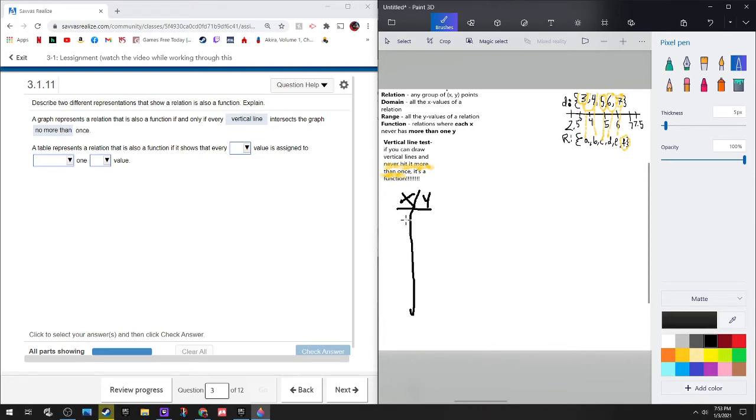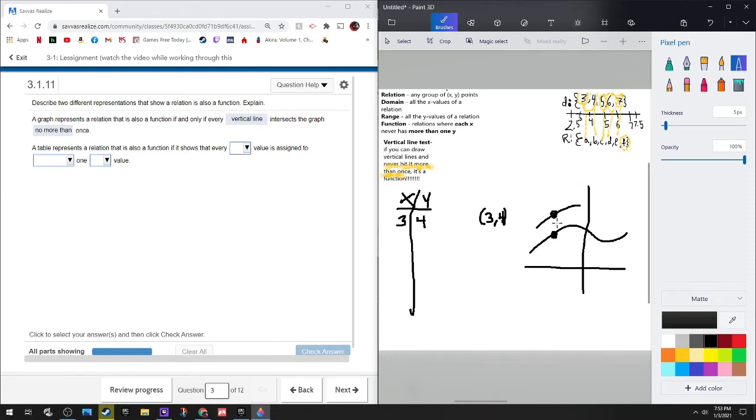If we have 3 and then 4, just understand that means the point 3 comma 4. Two different ways to write the same thing. So a table represents a function. When we talked about a graph, the idea was that you never had a place where there's one point and then another point.